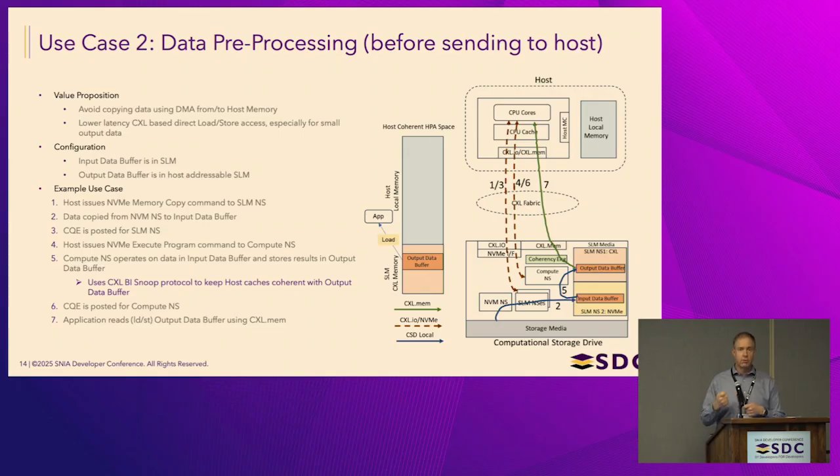So it's going to perform a manipulation on the data. When it finishes and reports back to the host, at that point the host can just come and read it using a load command. It can read it directly out of the memory using CXL.mem. There's no need to copy it to host memory in order for the host to read it.